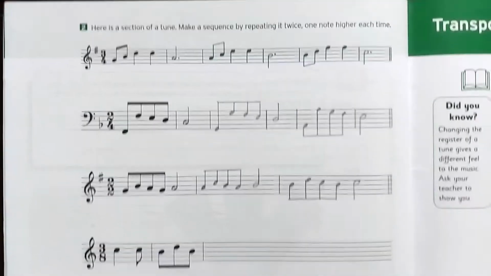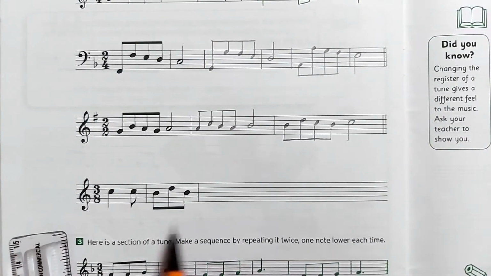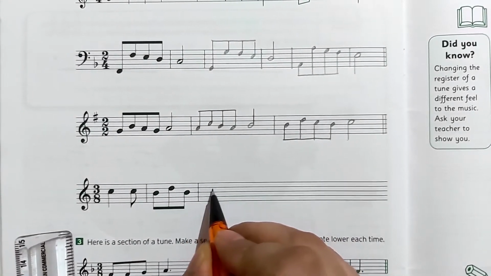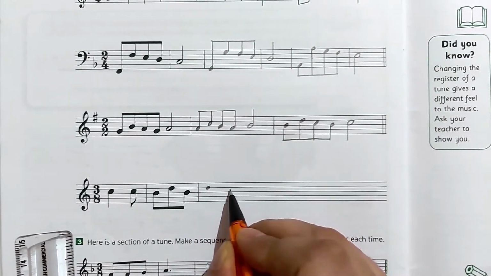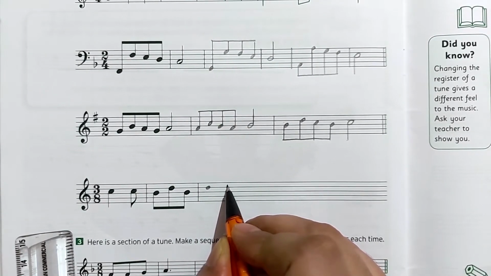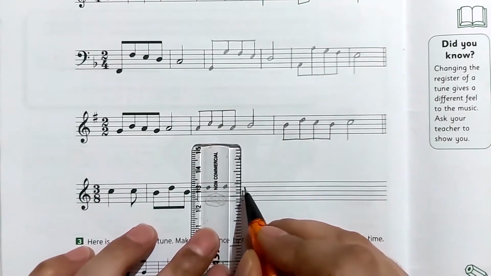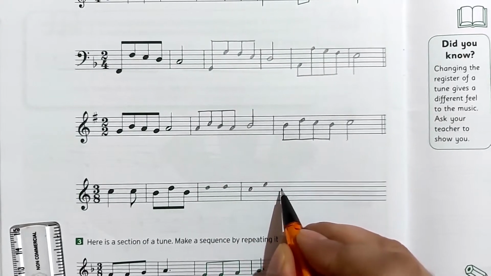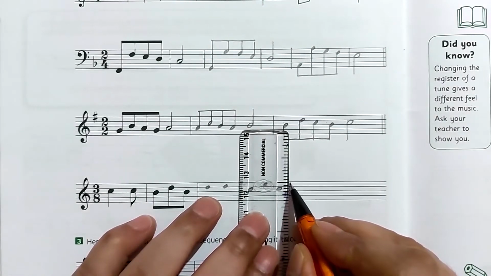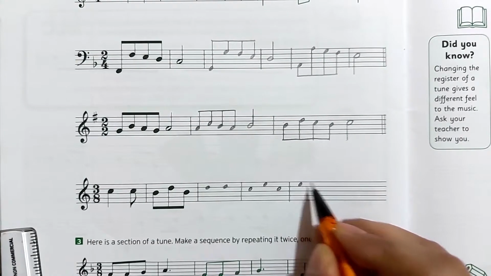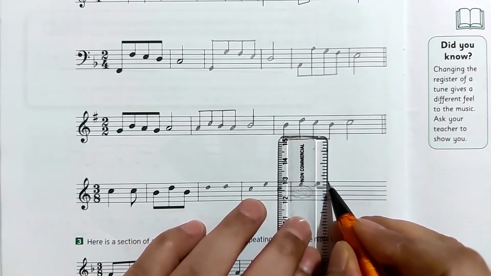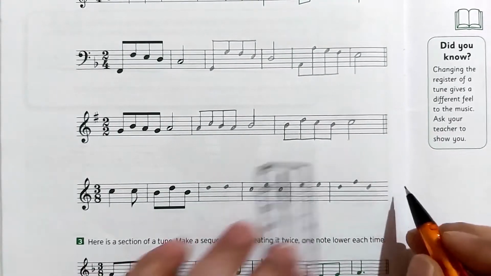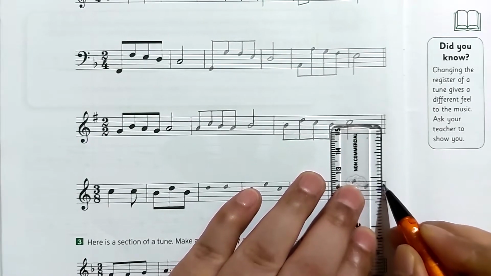Now let's do the third one. The next one is again a 2-bar rhythm, so let's make it higher. We go high and high. Let's make a bar. Then we go high, then make a bar, make an end bar.